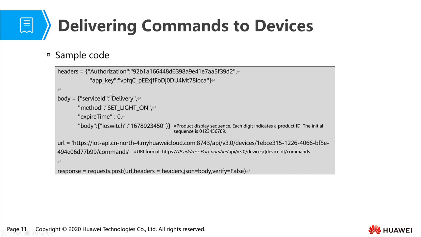The sequence of numbers indicates the display sequence of products on the device, that is, the development board. The initial sequence is 0, 1, 2, 3, 4, 5, 6, 7, 8, 9. Changing the sequence of numbers changes the sequence in which the product is displayed. The URI format is HTTPS://IP address:port number/API/v3.0/devices/device ID/commands.